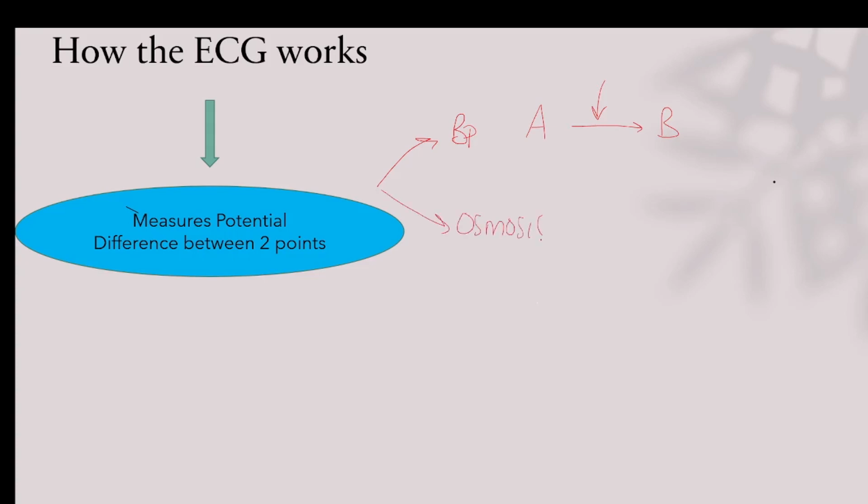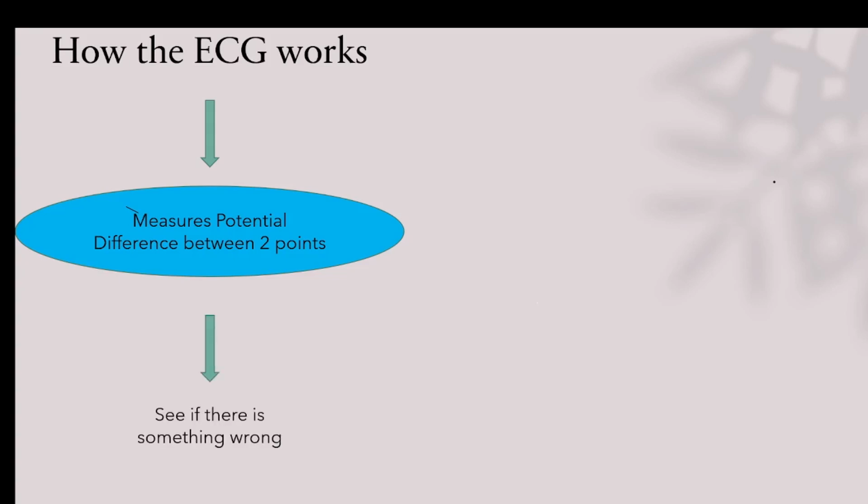Osmosis does the same thing: there's a movement, a difference, and this difference is due to solutes and water potential. However, we can observe a change, and this is no different for the ECG. We have a movement of the impulses, and that is reflected and measured on the ECG, and we measure this between 2 points. We do this to see, is there something wrong?